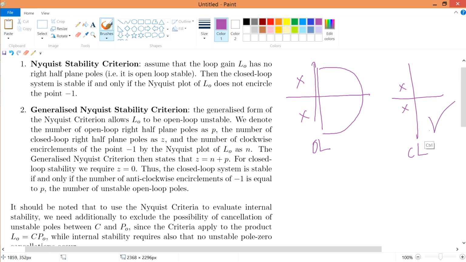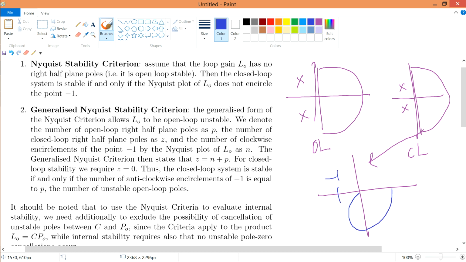When you plot this contour for the closed loop in the Nyquist plot, with a -1 over here, the Nyquist plot may be somewhere over here, so you should be safe. So in the standard Nyquist stability criterion, the poles are always on the left half plane, open loop or closed loop.